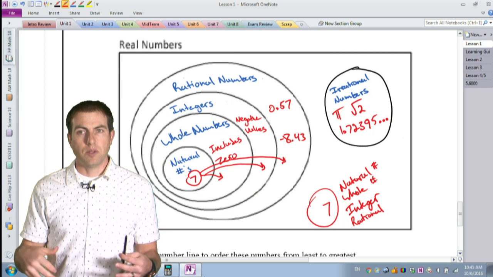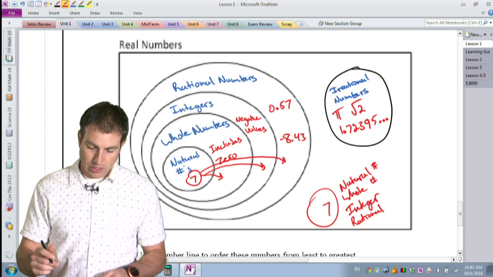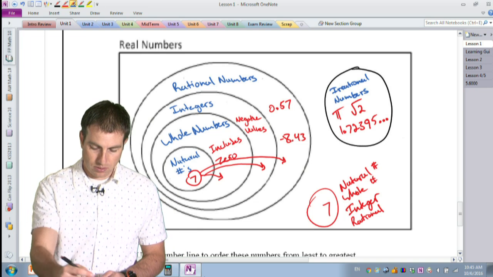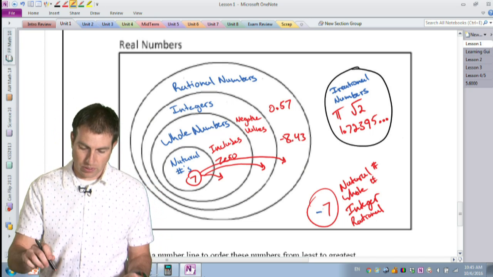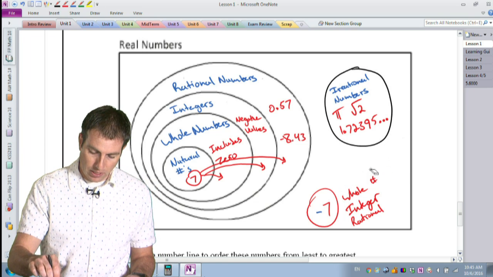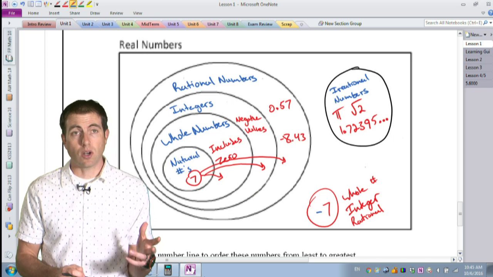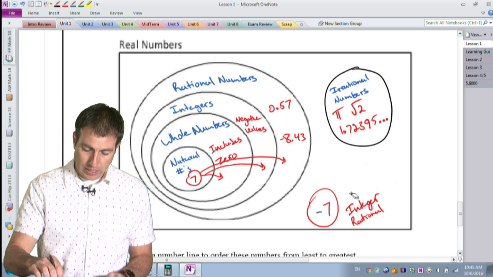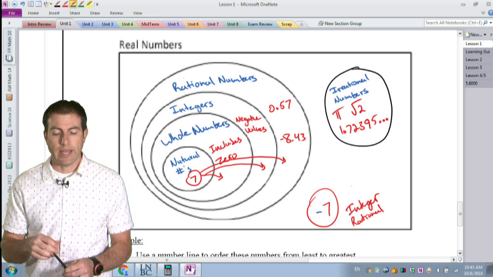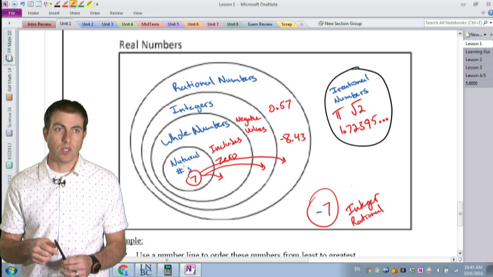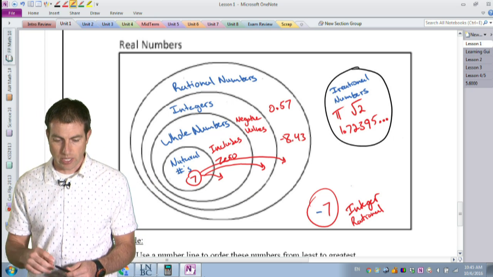I can get a little bit trickier. If I said now -7, well, that's not a natural number. As soon as I add a negative in there, it's not a natural number, it's not a whole number. It is an integer, because integers include the negatives, and it is a rational number. So -7 is an integer and a rational number.